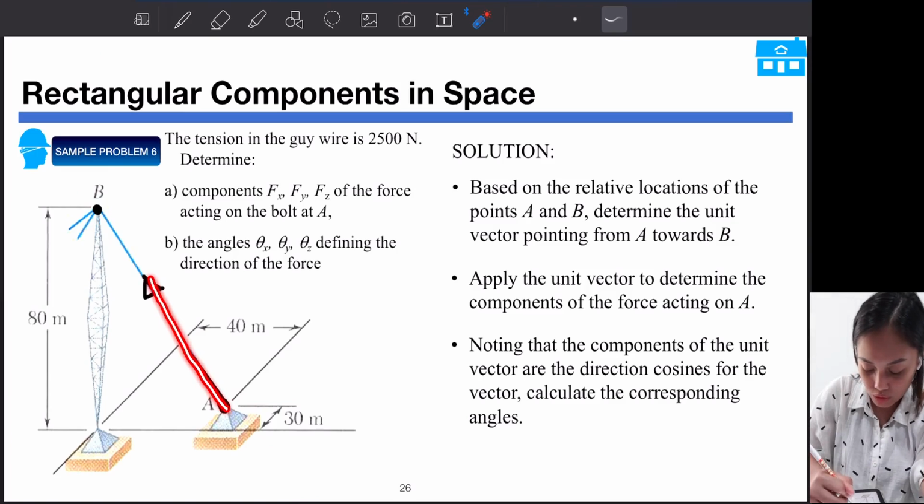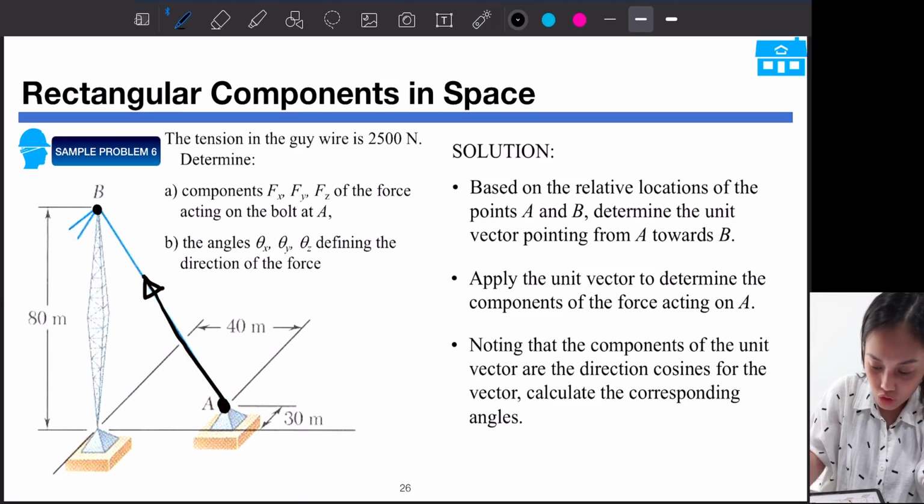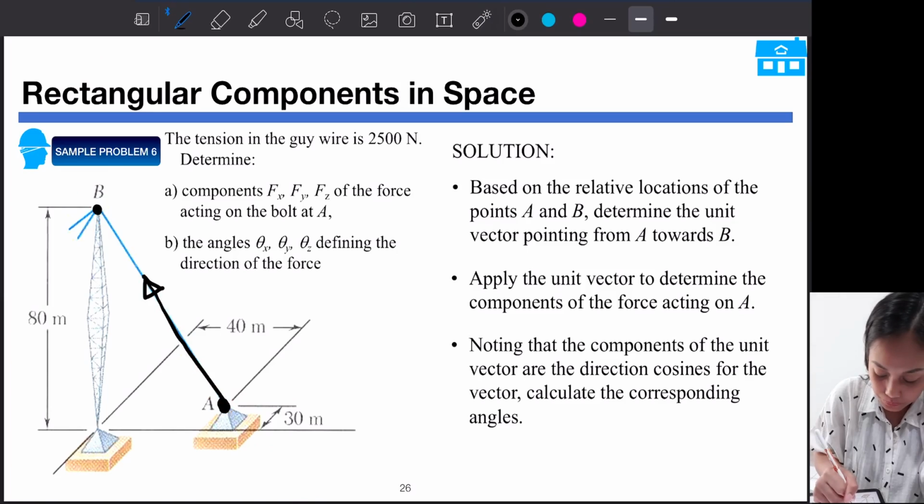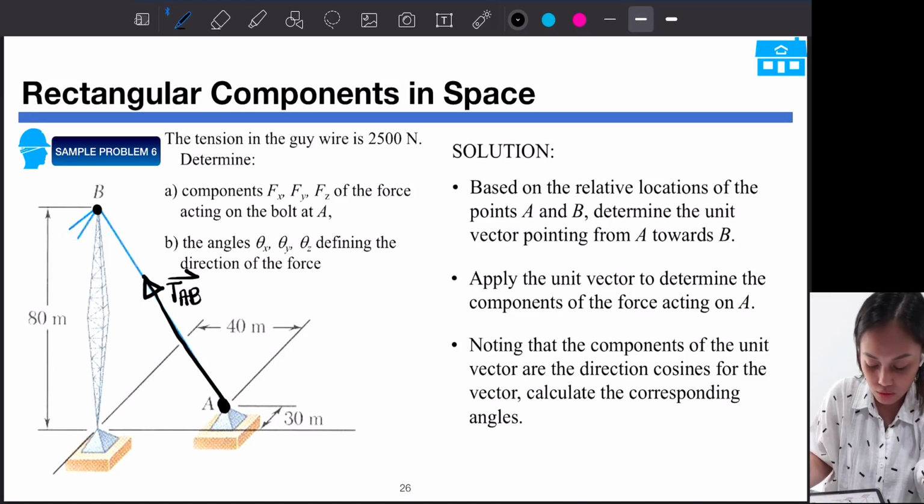So, we designate our force as the tension in AB, vector TAB.